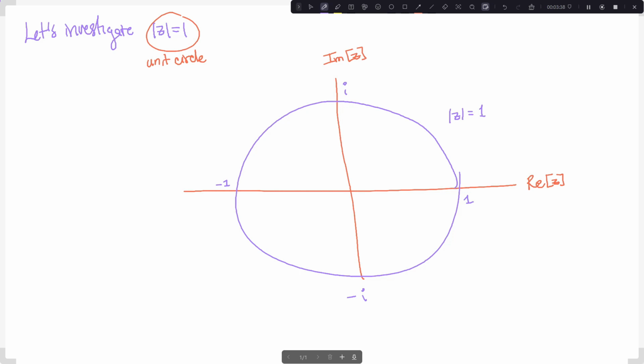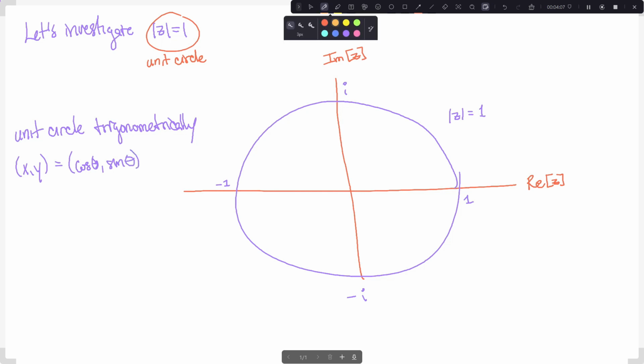Now, if we think about the unit circle trigonometrically, we have that in the xy plane, the point is (cosine theta, sine theta), where theta is right here.